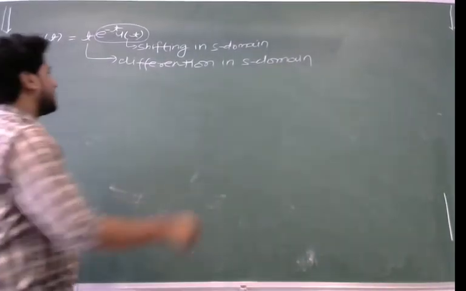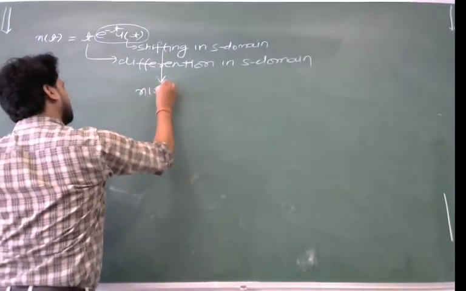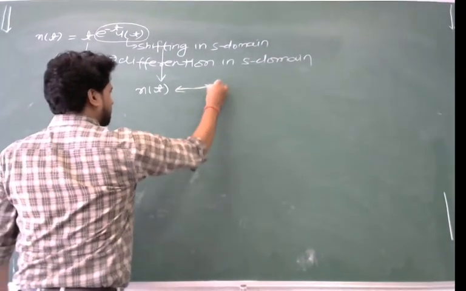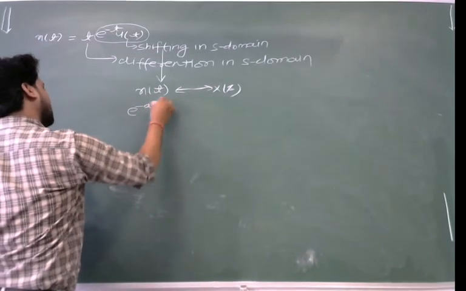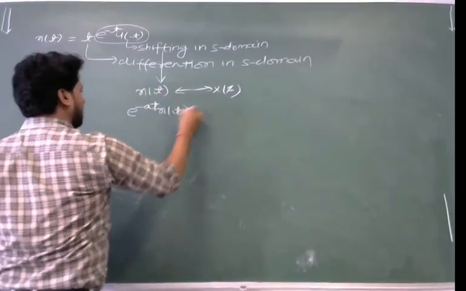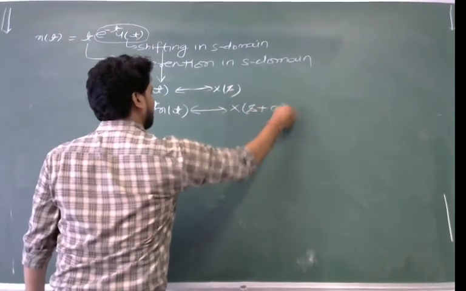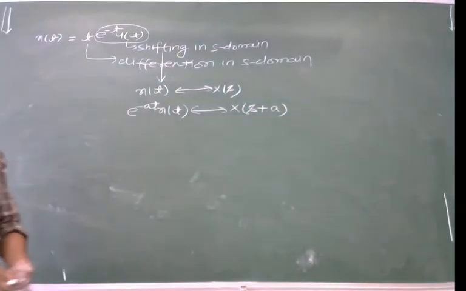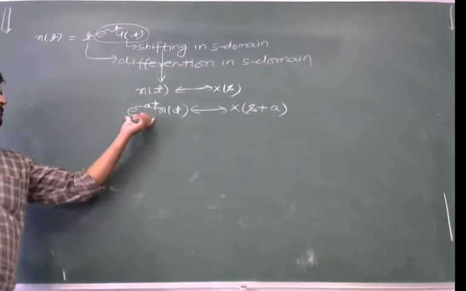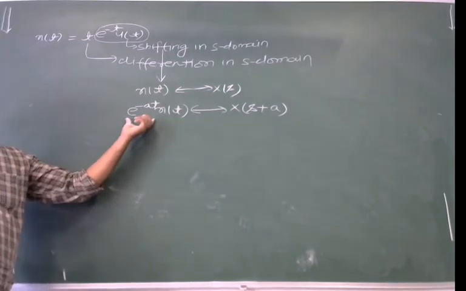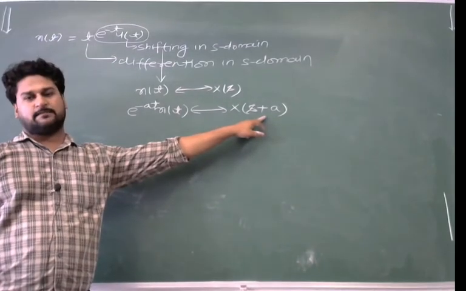the first property states that shifting in S domain: if the signal x(t) has Laplace transform X(s), then e power minus at x(t) will have the Laplace transform X(s plus a). Means if we are multiplying the signal in time domain with e power minus at, then we have to shift the signal in the s domain as X(s plus a).